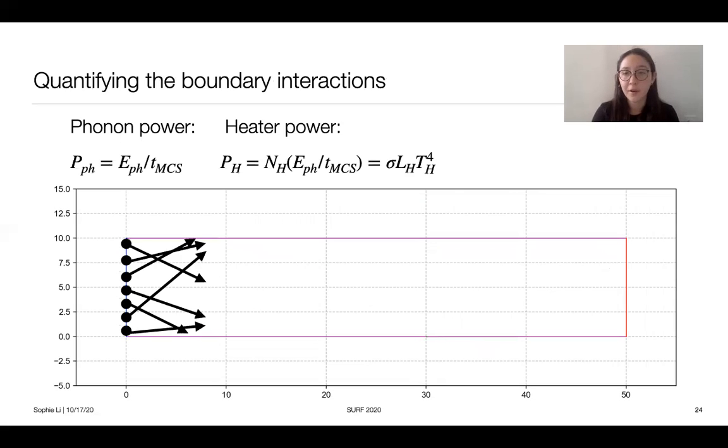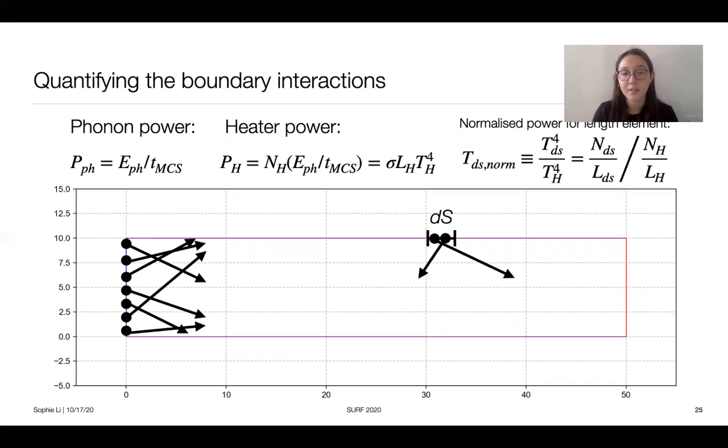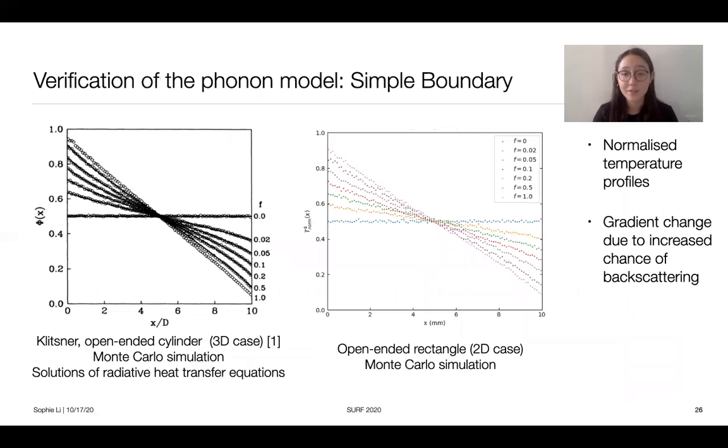And then because we know in a lab what the heater power is, for instance, we can then use Stefan-Boltzmann to change the heater power into a temperature, and then normalize it against the number of electrons that are released from the heater. And with that normalization, we can then also determine the temperature at an arbitrary point along the boundary of the flake. And the results that we have are shown here.